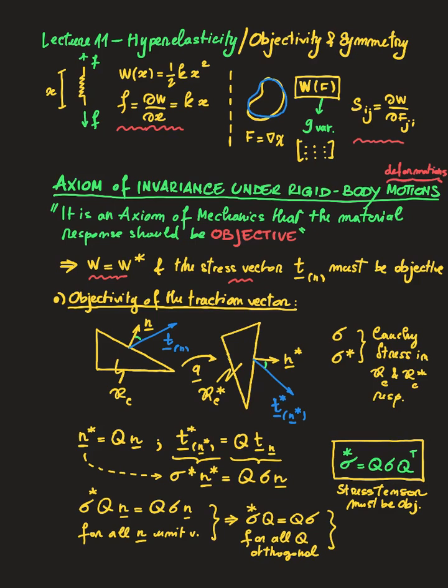Let's now pass to the energy, and you will see there is a very, very important message hidden here. Let me now take into consideration the very interesting and relevant consequences of a second requirement, which is the objectivity of the strain energy.